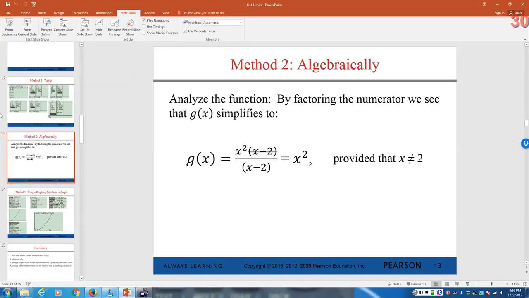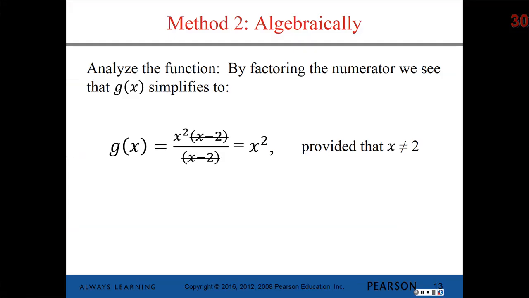Now this is the algebraic method. This is one of the few places we're going to use some algebra here. If we factored the numerator, what happens is that x cubed minus 2x squared actually factors to x squared times x minus 2. And the x minus 2 in the numerator and denominator cancel.